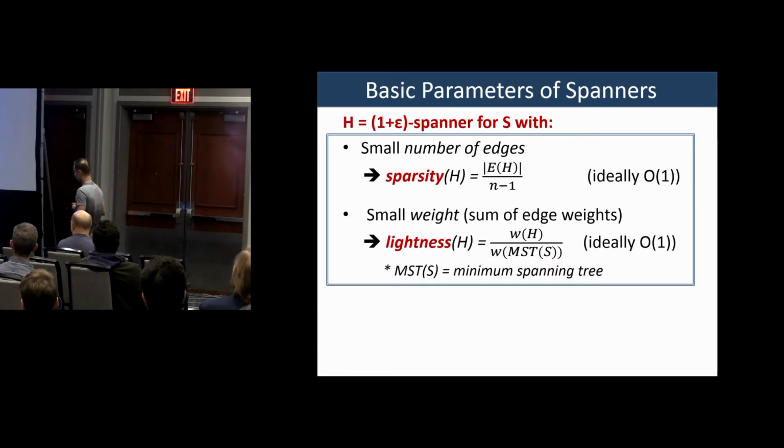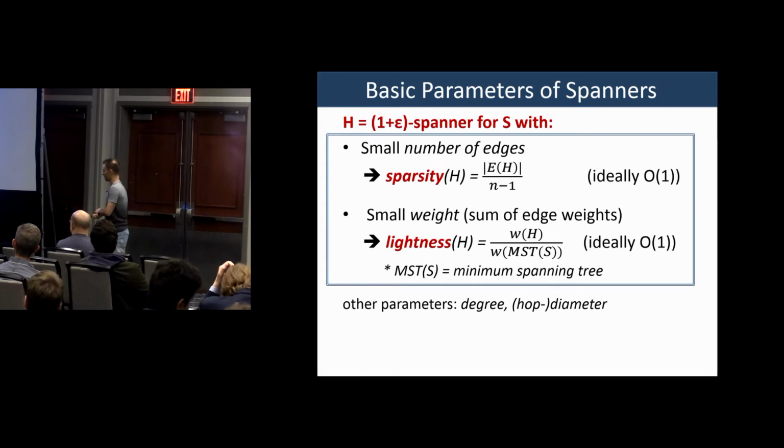And another basic parameter is the weight. The weight is the sum of all edge weights in the spanner. And here, too, we consider a normalized notion, lightness. The lightness is the ratio between the weight of the spanner and the weight of the minimum spanning tree. So here, again, we ideally want a constant bound. And there are other basic parameters, but we are going to focus on these two.